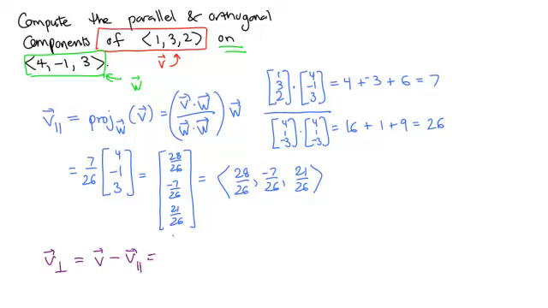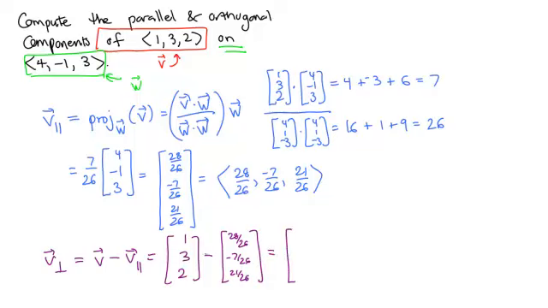So the vector v is the vector 1, 3, 2, and the parallel component is what we've just found, 28/26, negative 7/26, and 21/26. And so if we do that subtraction, reading across the rows, we're going to have 1, which is 26/26, minus 28/26. The second row is 3, which is the same thing as 78/26, minus negative 7/26.